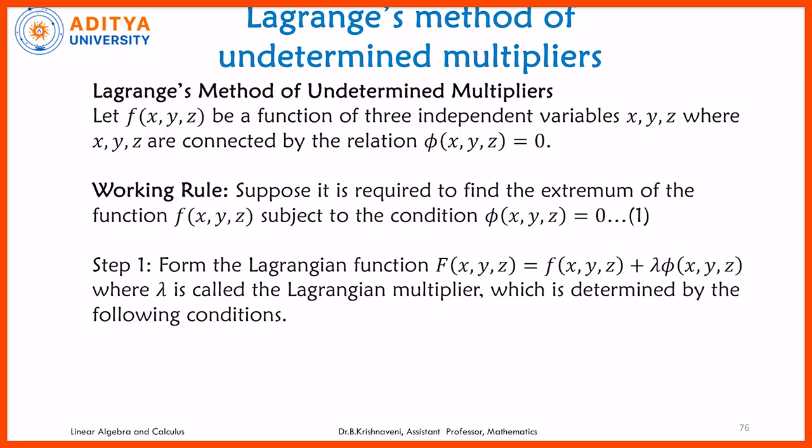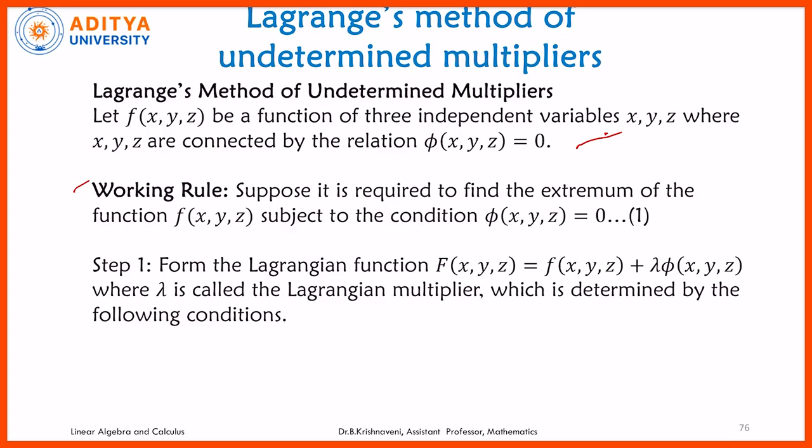Let us consider f of xyz be a function of three independent variables x, y, z, where x, y, z are connected by the relation phi of xyz is equal to 0. Now, let us discuss the working rule of this method by which we can find the extremum of the given function.